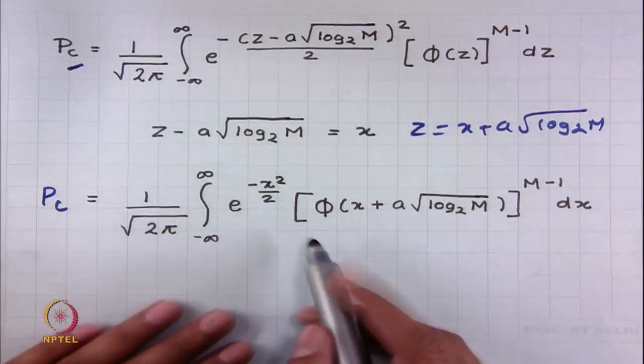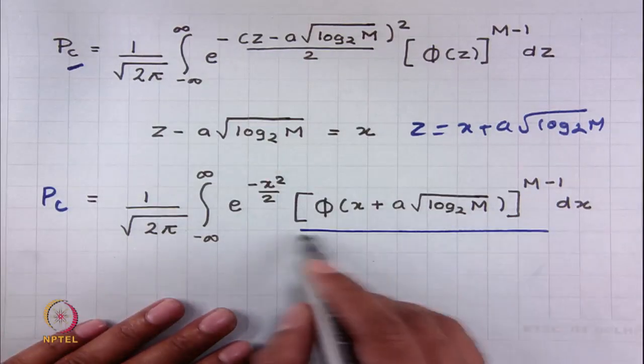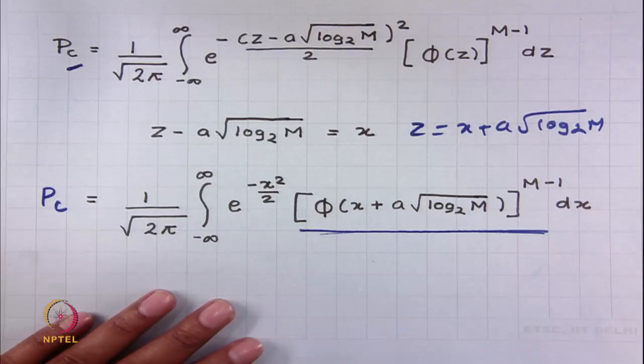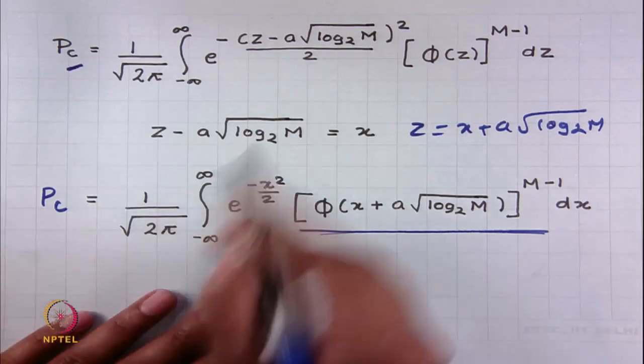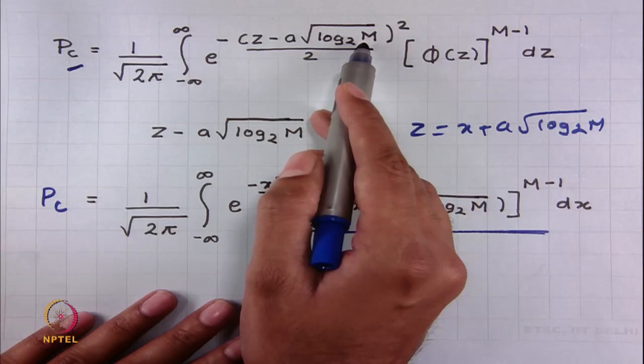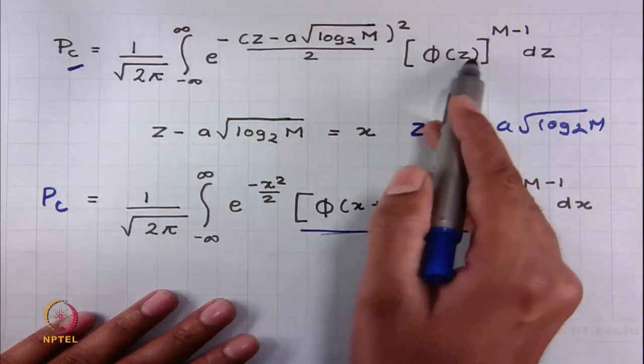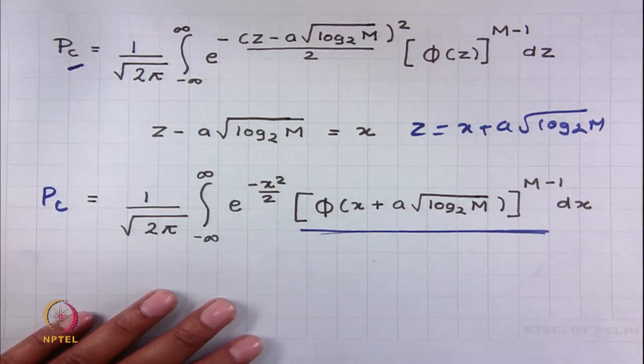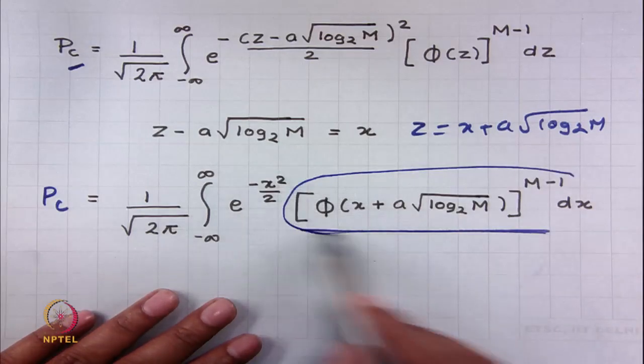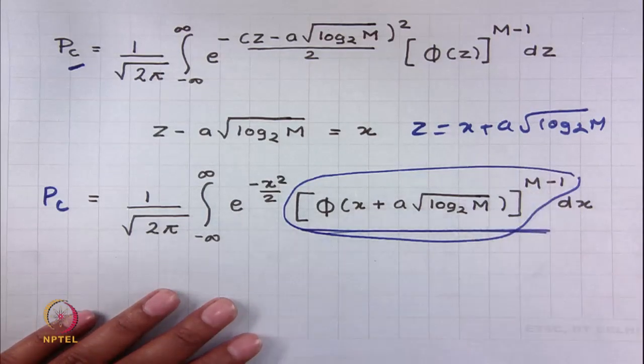Why are we doing this? Because we want to handle all terms containing m at the same place. Here it had a term containing m, we have shifted this to this side. So, now only this term has the terms containing m.